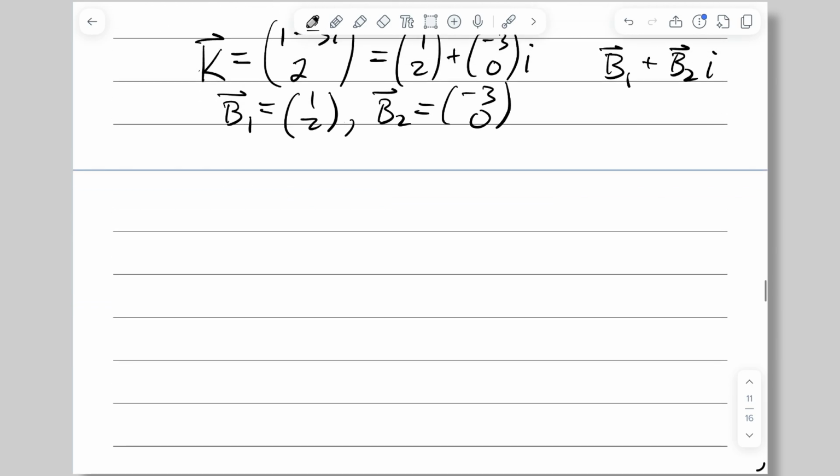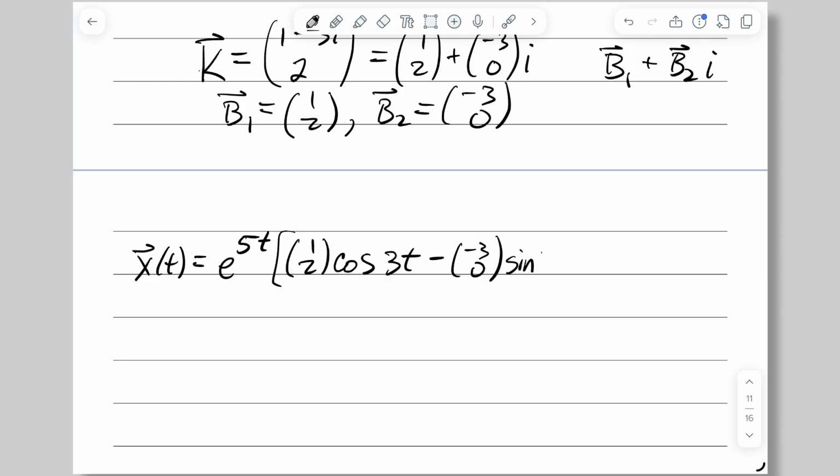Using what we saw before, x of t is then equal to e to the 5t, for the real part of lambda, times b1, so (1, 2) times the cosine of beta t, where beta was 3, minus b2, that's (negative 3, 0), times the sine of 3t. All that times c1, plus e to the 5t times, now the column vectors switch places.